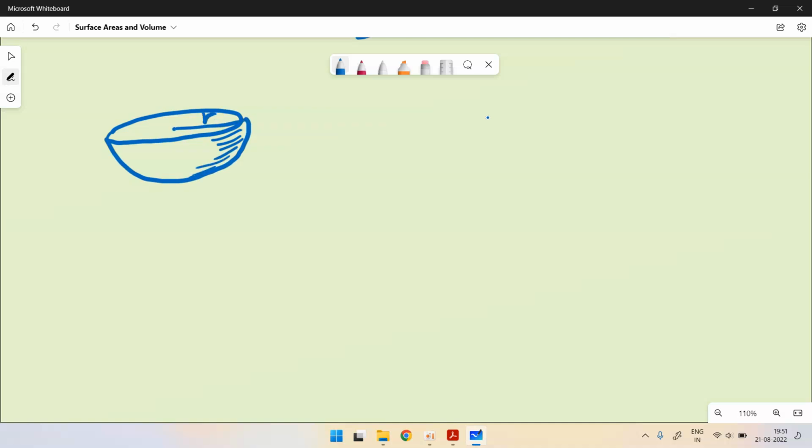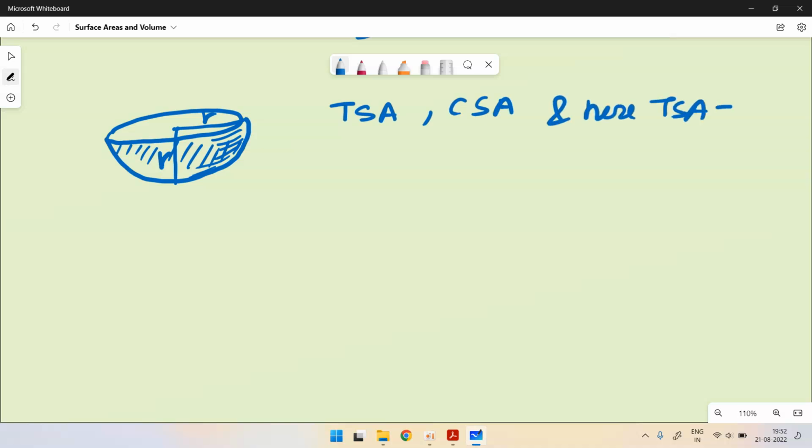This is R, this is also R. Here the areas are defined as TSA and CSA, and here TSA is not equal to CSA. Why? You see the curved surface area is only this much, which is half of the curved surface area of the sphere.